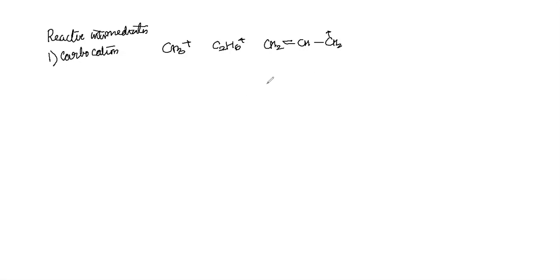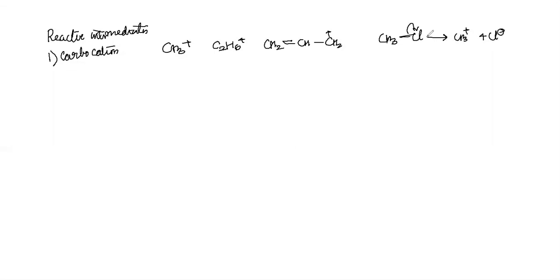Then, how do you form these? How do you form the carbocations? By heterolytic bond fission, you can form it. Of course, this is not very easily formed like this, plus Cl minus.